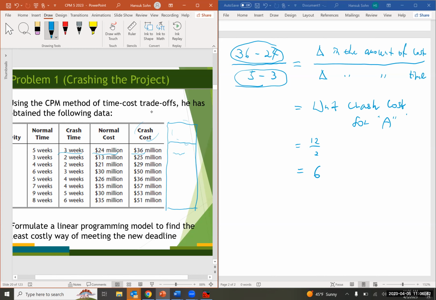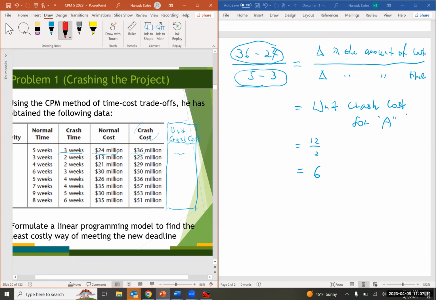So I'm going to call it unit cost of reducing the duration of each activity. So that's the unit crash cost. Let me change the color.